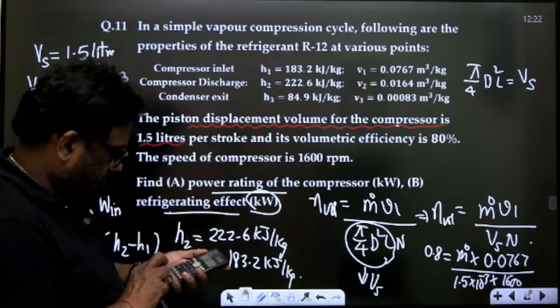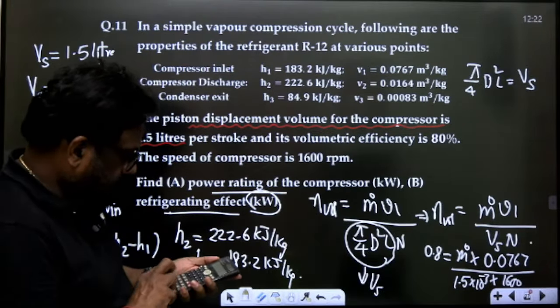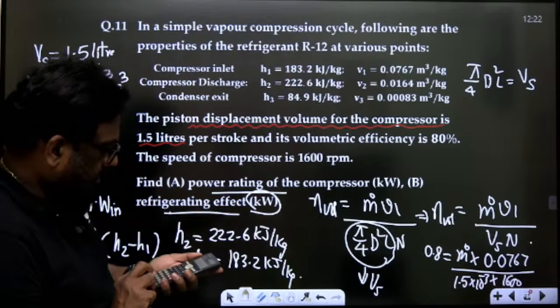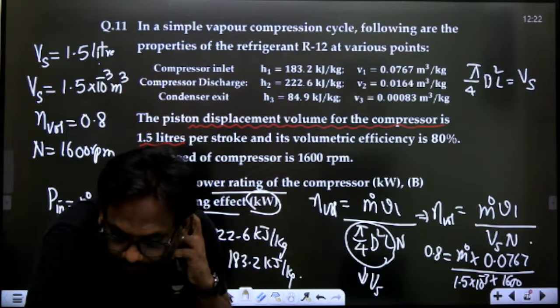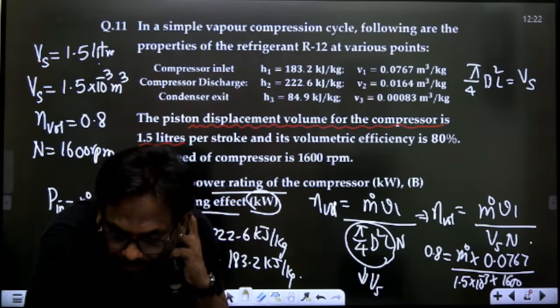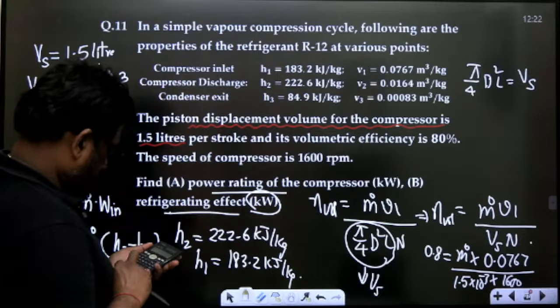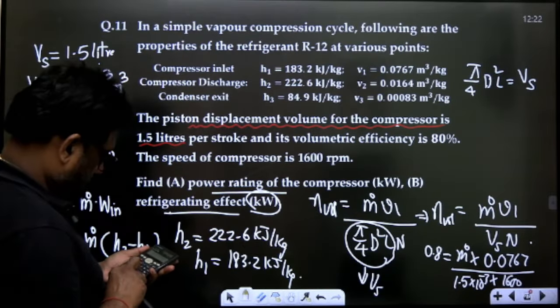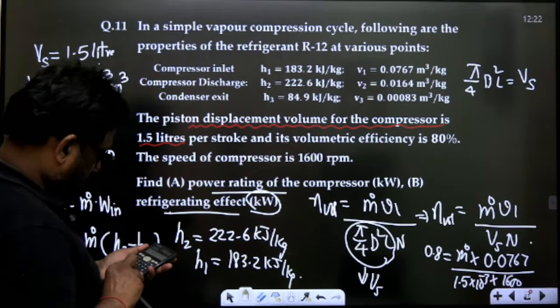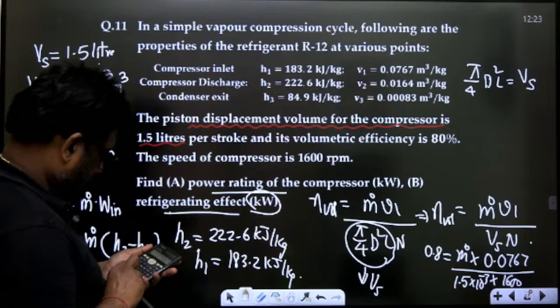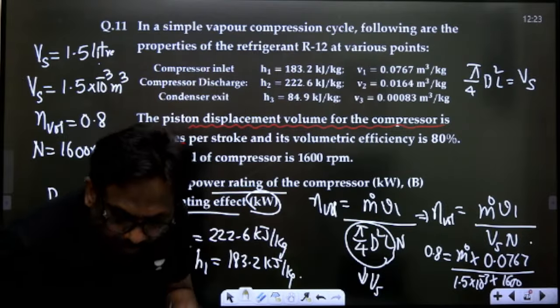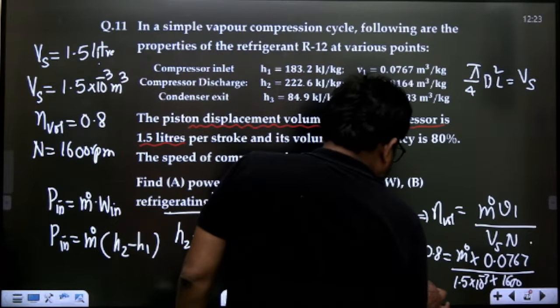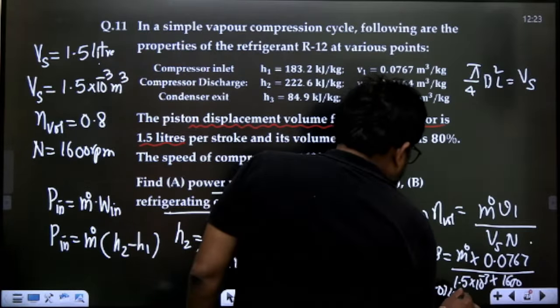One second. 1.5 into... 1.29 is coming, right, sir? Is it wrong? 25.03, yes. The unit is kg per minute.